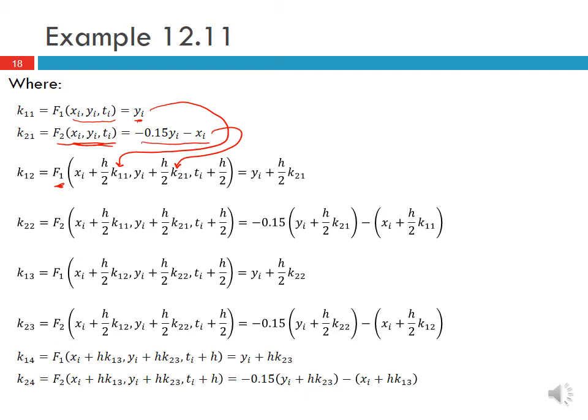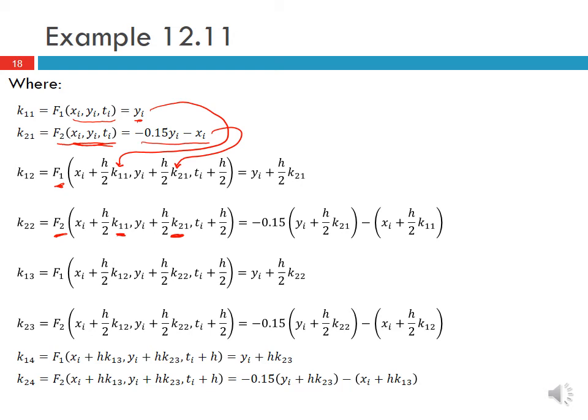Then k22 is our second function evaluated at the same points: x_i plus h over 2 times k11, y_i plus h over 2 times k21, and then t_i plus h over 2. And when you plug everything in, we get this expression here.